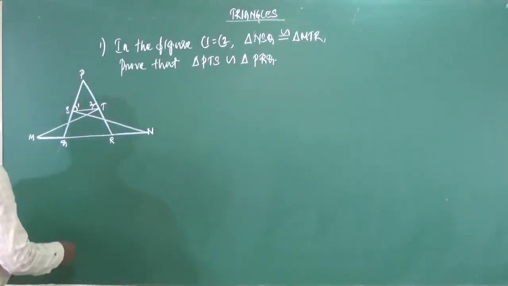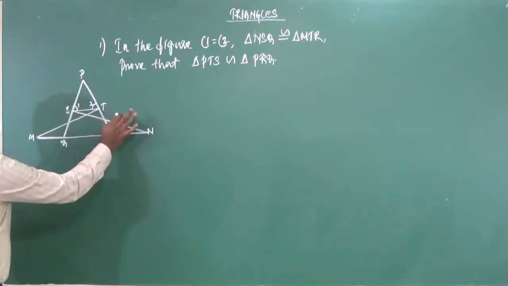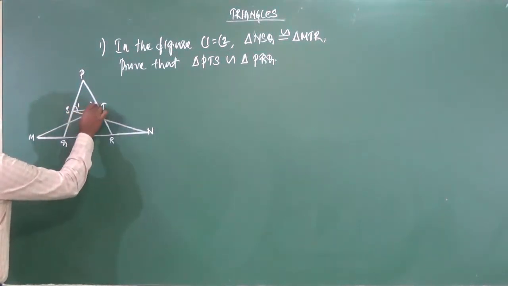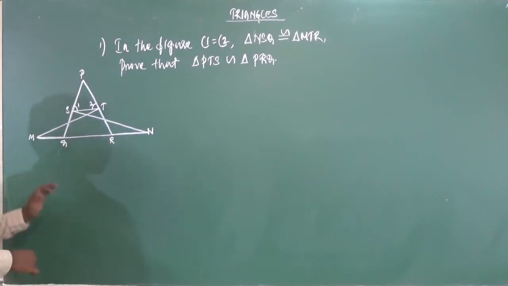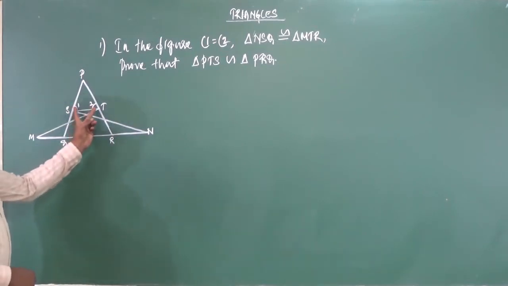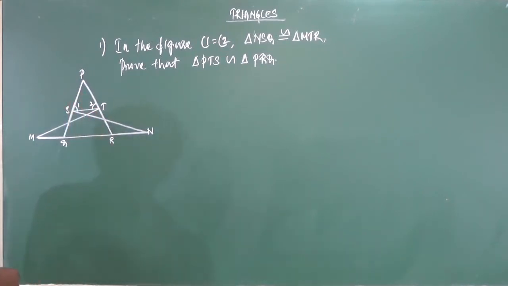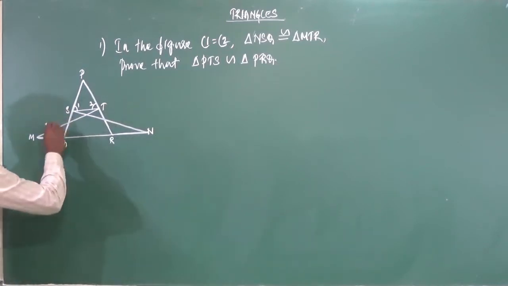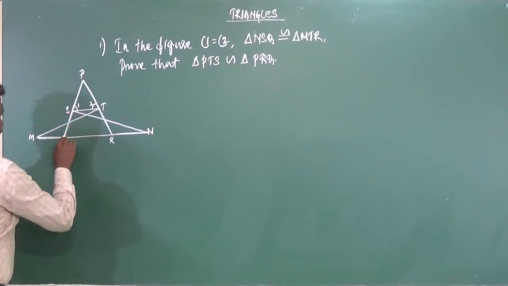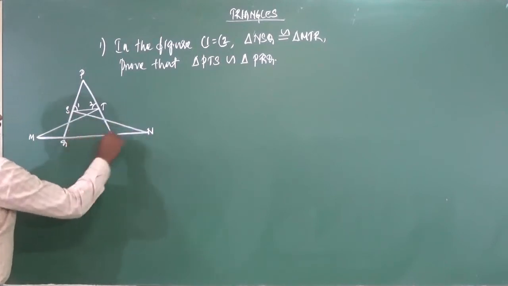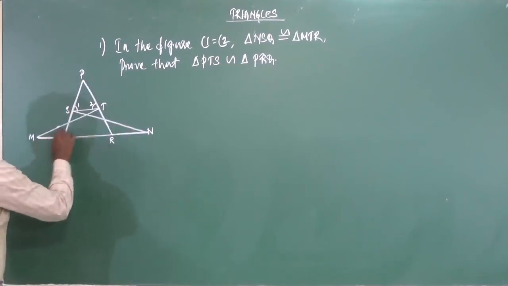In the figure, angle 1 is equal to angle 2. This is the given figure. So triangle PST is an isosceles triangle because two of its angles are equal. And triangle NSQ is congruent to triangle MTR.